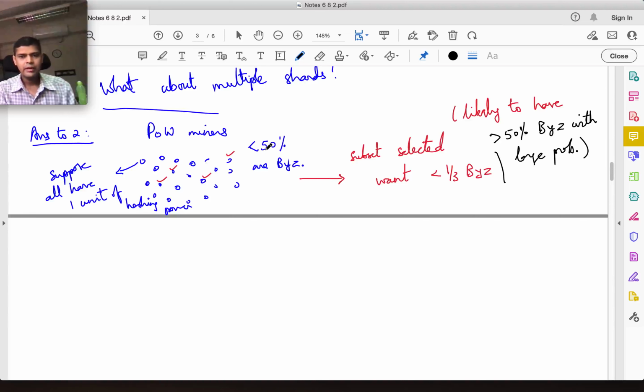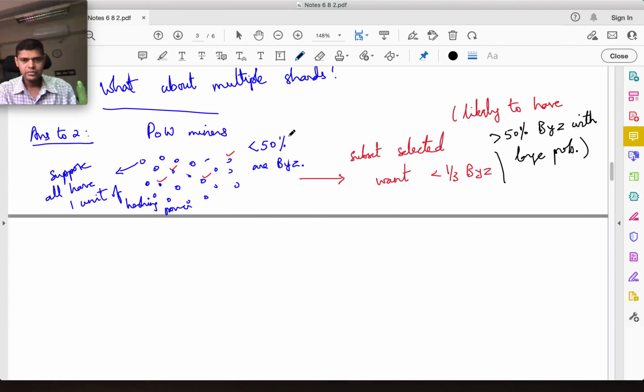From half being Byzantine, you randomly choose them and then you say I want less than 1/3 to be Byzantine. In fact, you will have greater than 50% Byzantine with some reasonably high probability. So this is not going to work.